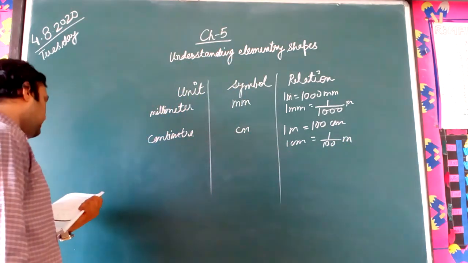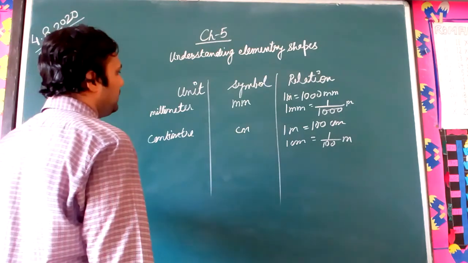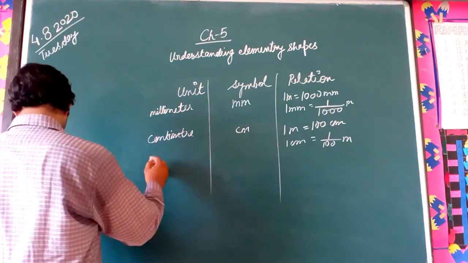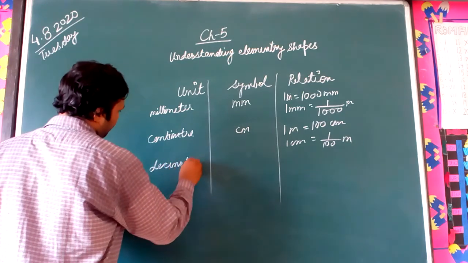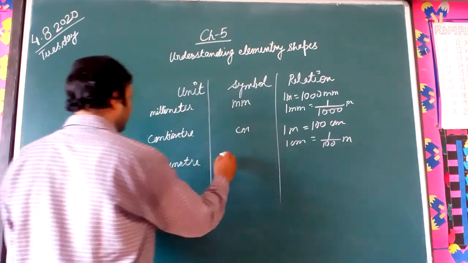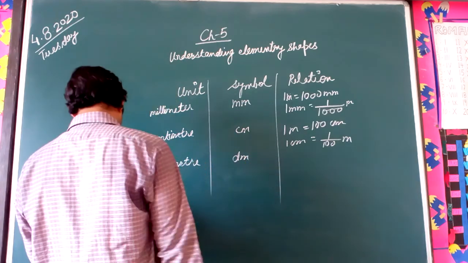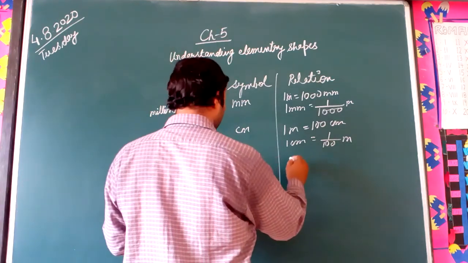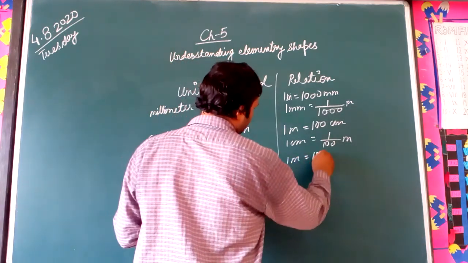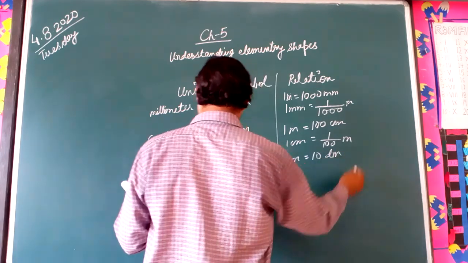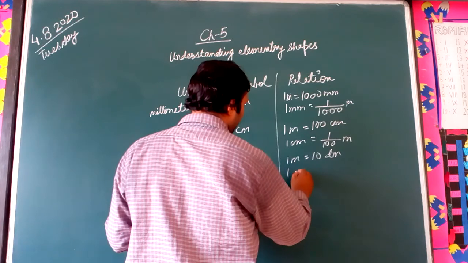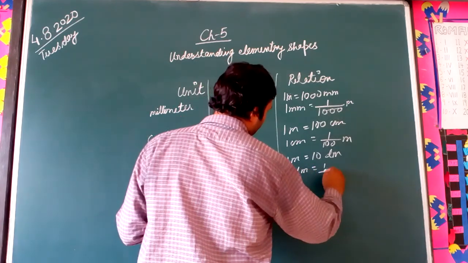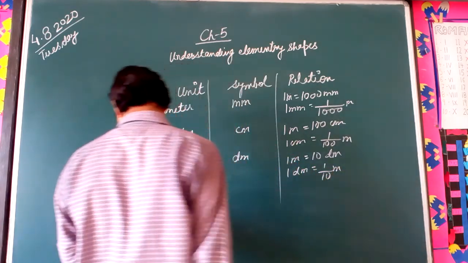Then decimeter. We can say that 1 meter equals 10 decimeter, or 1 dm equals 1 upon 10 meter.